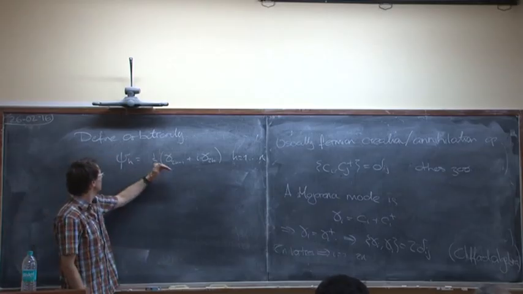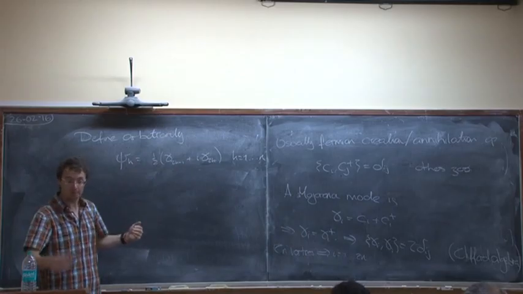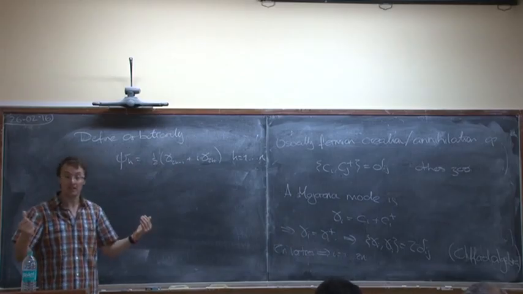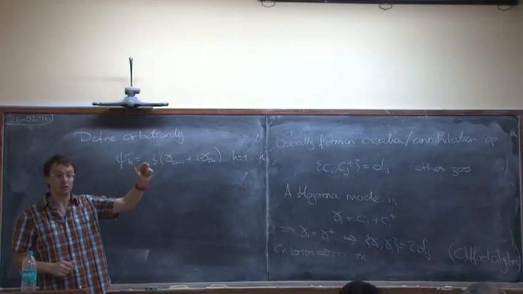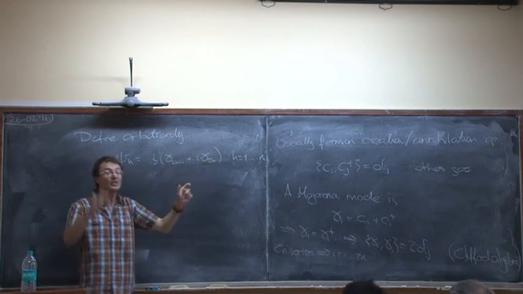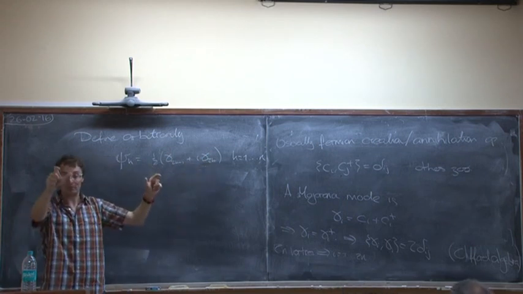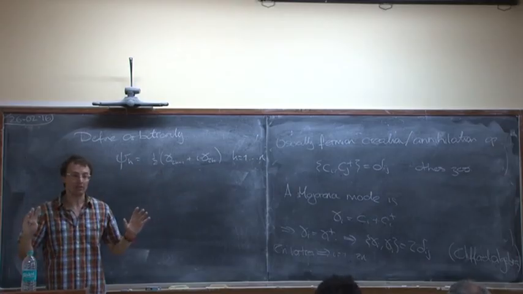Okay, so how do you build the Hilbert space for this if you've got an even number of these guys? Well, you arbitrarily pair them up. You take gamma 1 and gamma 2 and define gamma 1 plus i gamma 2, and then take gamma 3 and gamma 4 and pair those up. The way in which you pair them up is completely arbitrary.